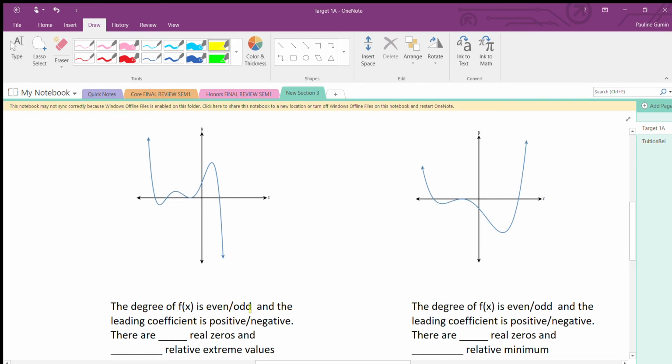Opposite arms, odd polynomial. The leading coefficient, is it positive or negative? Well, let's see. Left arm up, right arm down. That means negative. Real zeros. Let's find out. Zeros are where we cross the x-axis. Let's count how many we have. 1, 2, 3, 4. 4 real zeros.